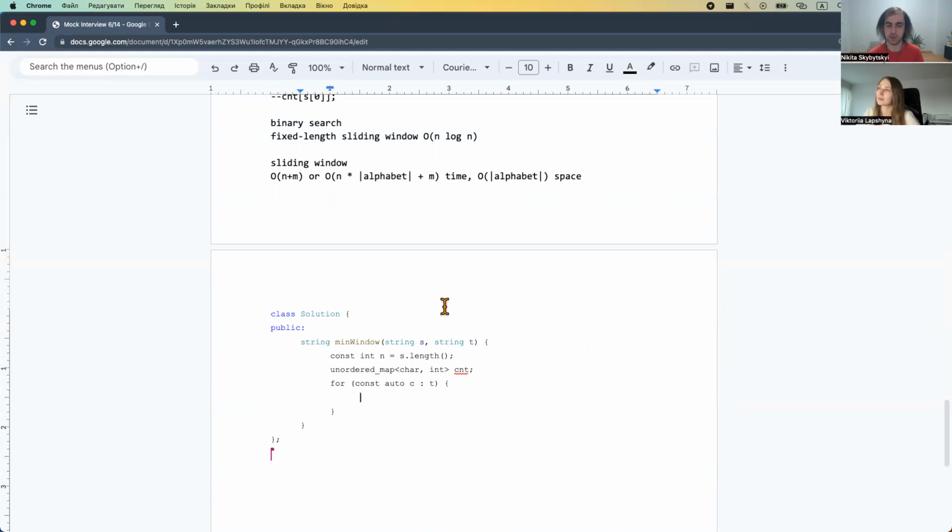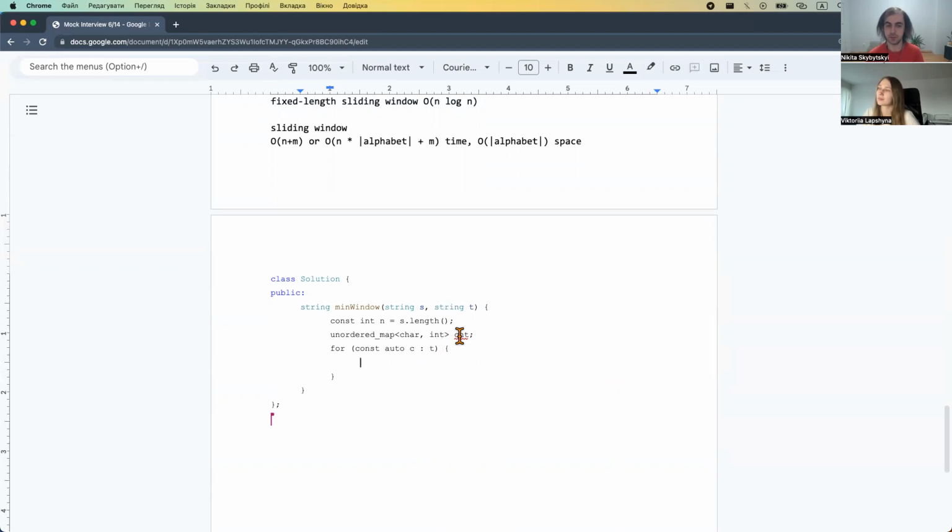So first things first, we store that we need this character. For every character of t we record we need one more of this character. Another thing we'll store is how many characters we still need.